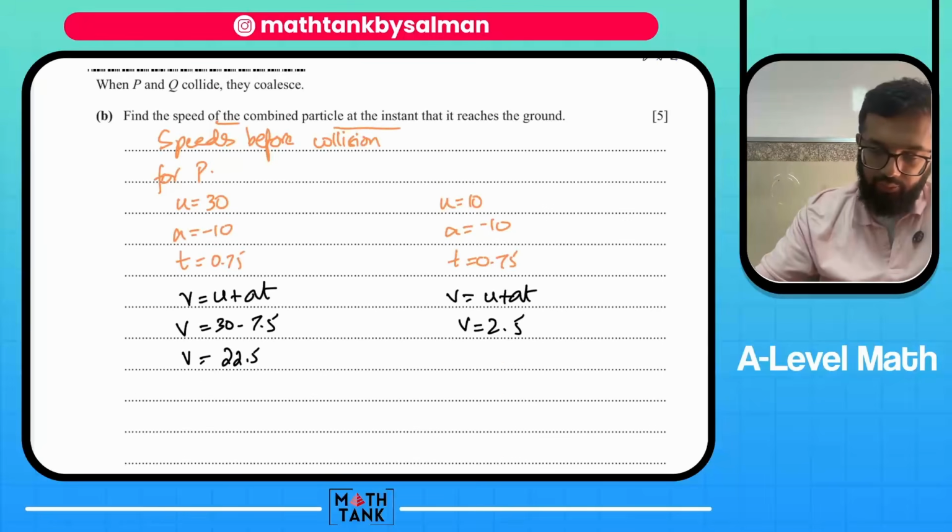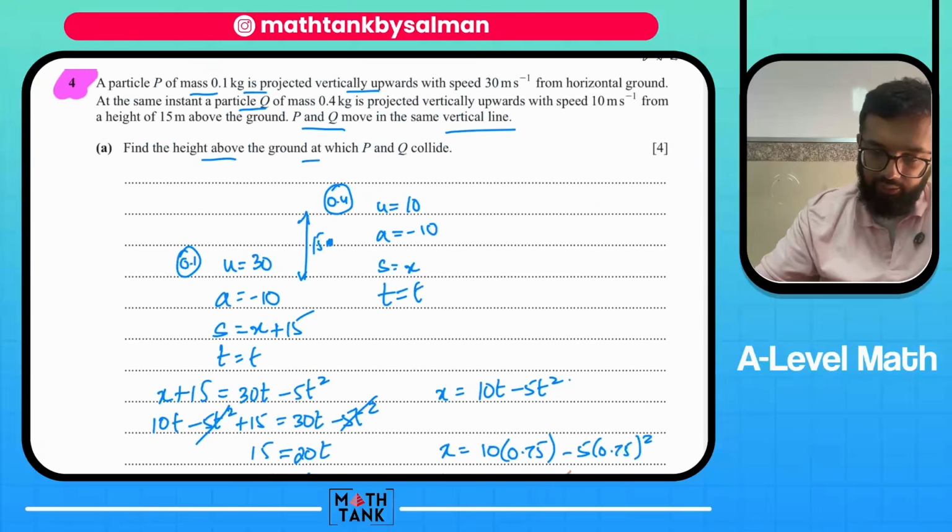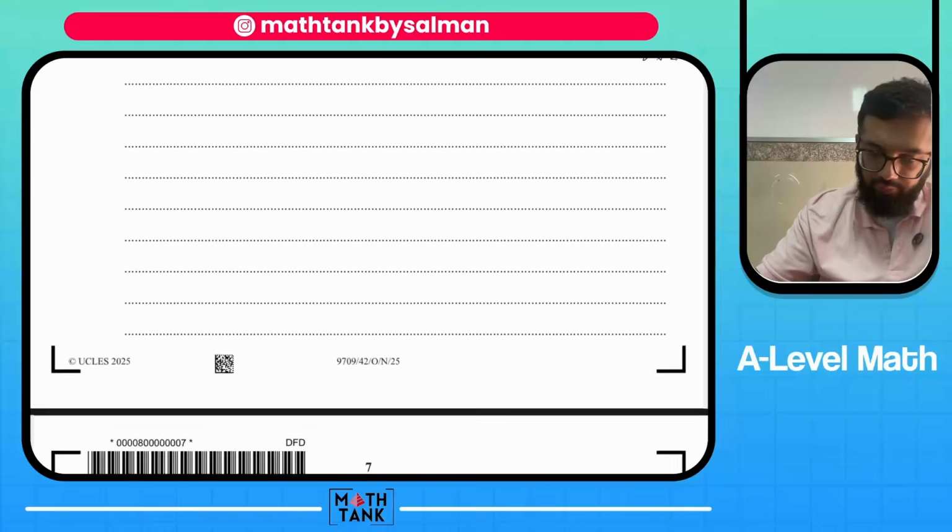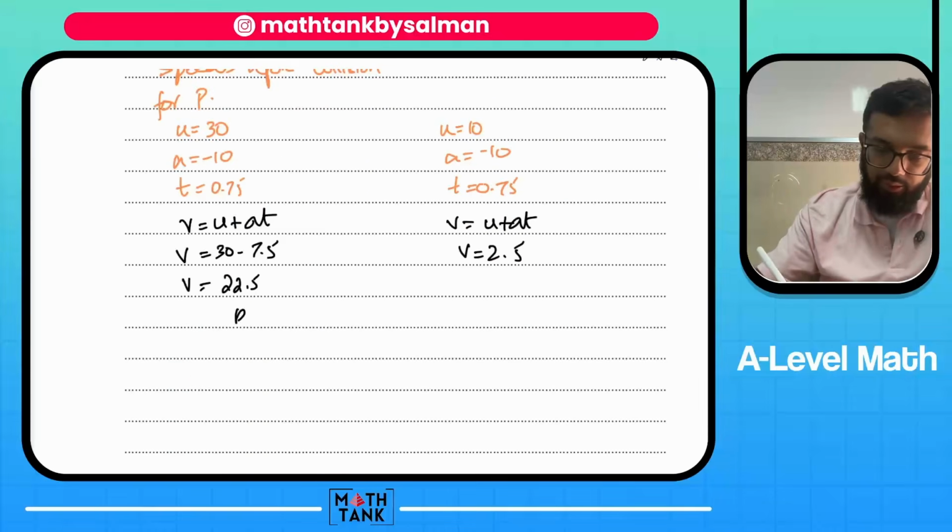Okay. So what were the masses then? The masses were 0.1 and 0.4. So momentum before equals after: 0.1 into 22.5 plus 0.4 into 2.5.